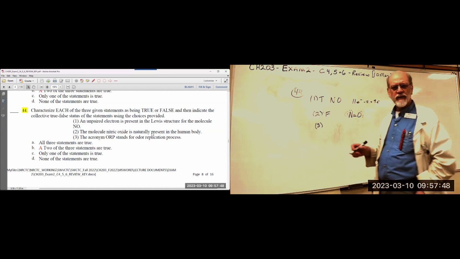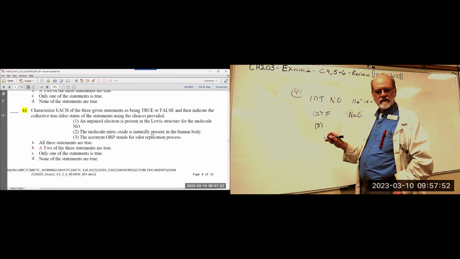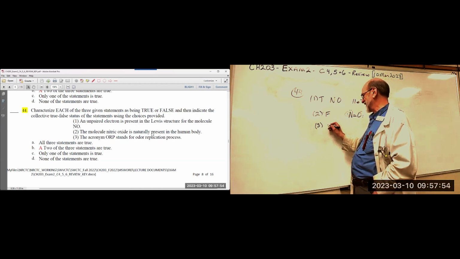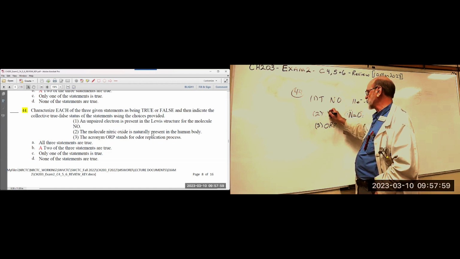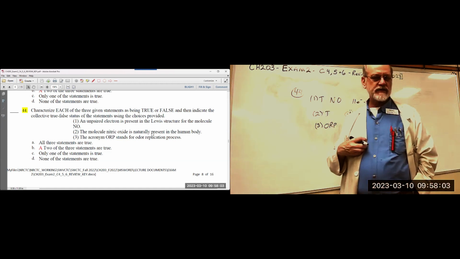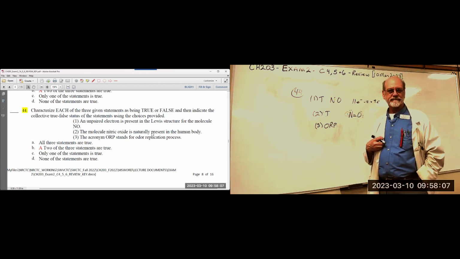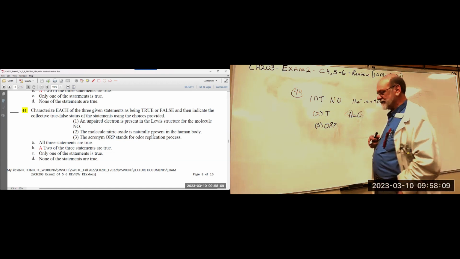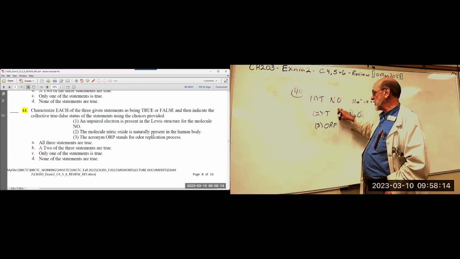The acronym ORP stands for the odor replication process. Okay, so that tells me that they're saying that this one's true. It's naturally present in the body. Yeah, it is. It's just that the human body doesn't make it. We absorb it from our gut. And if we're going to have 2 of the 3 that are true, it would be these 2.